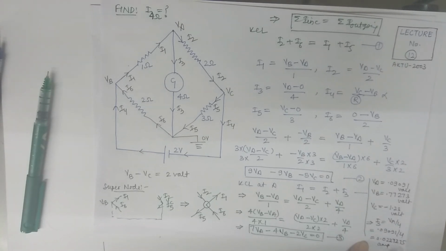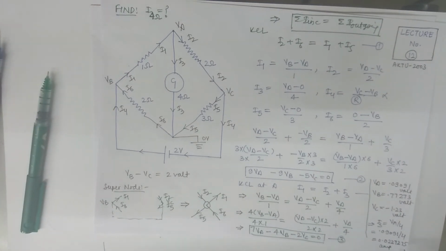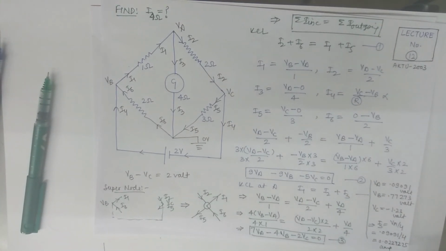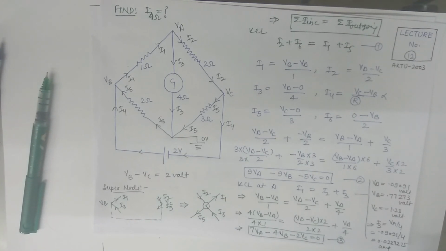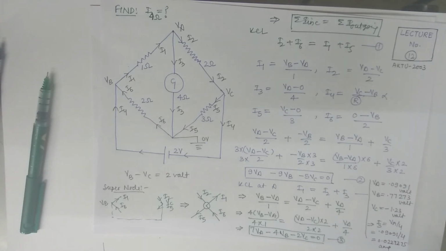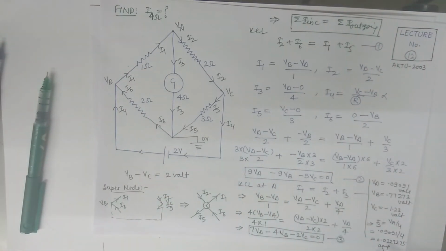So this is the answer, 0.0227275. In this way, by using nodal analysis and Kirchhoff's current law, we solve this question and find that I3 is 0.0227275.